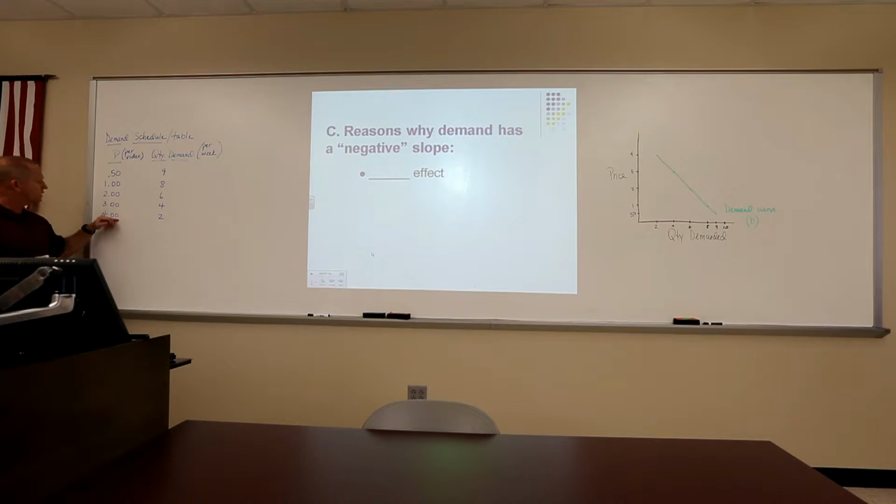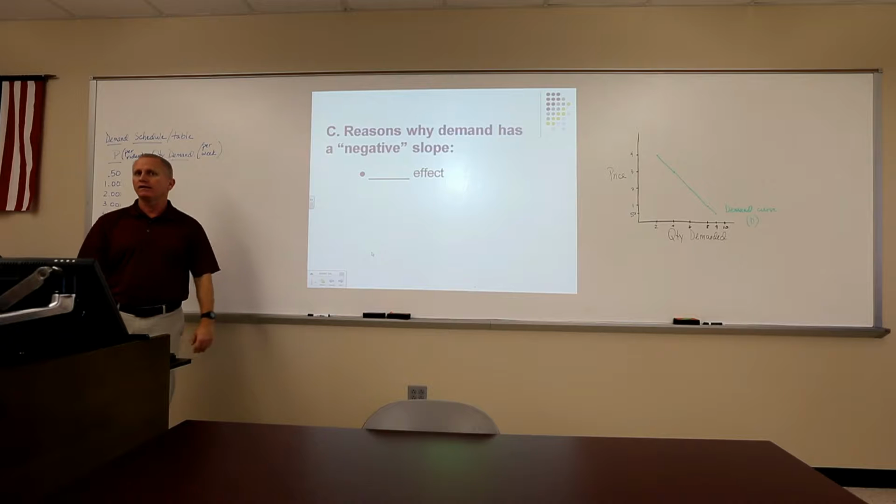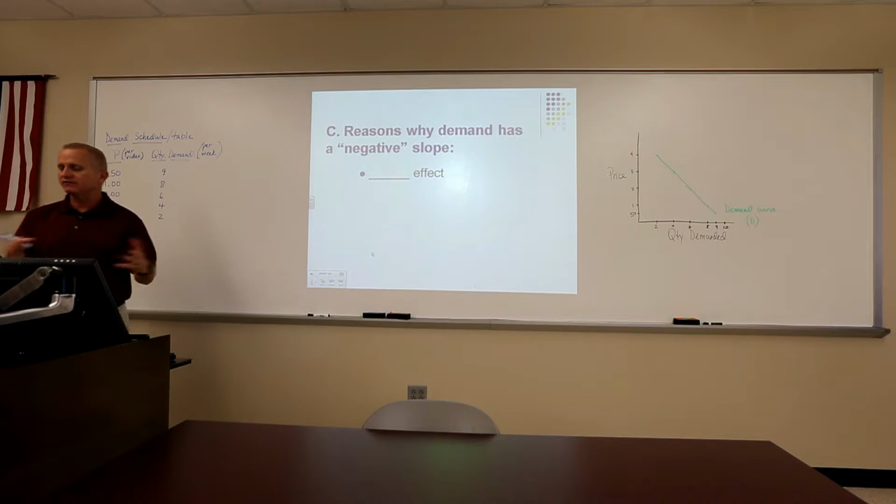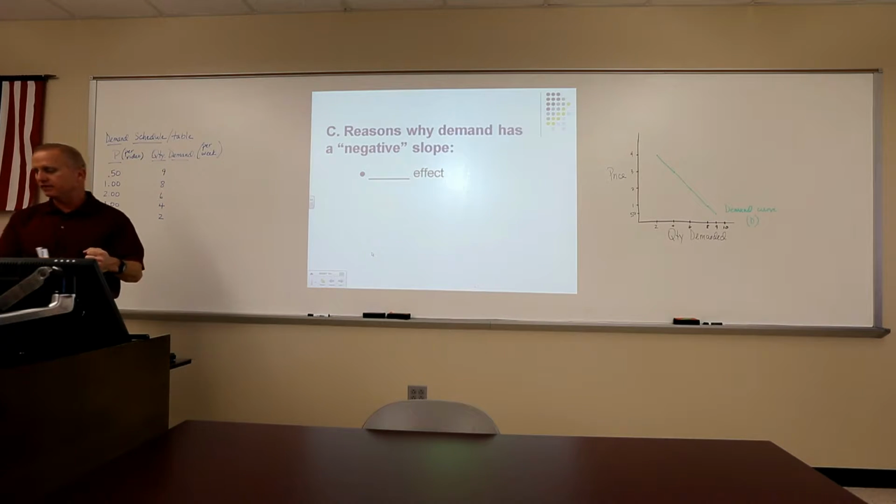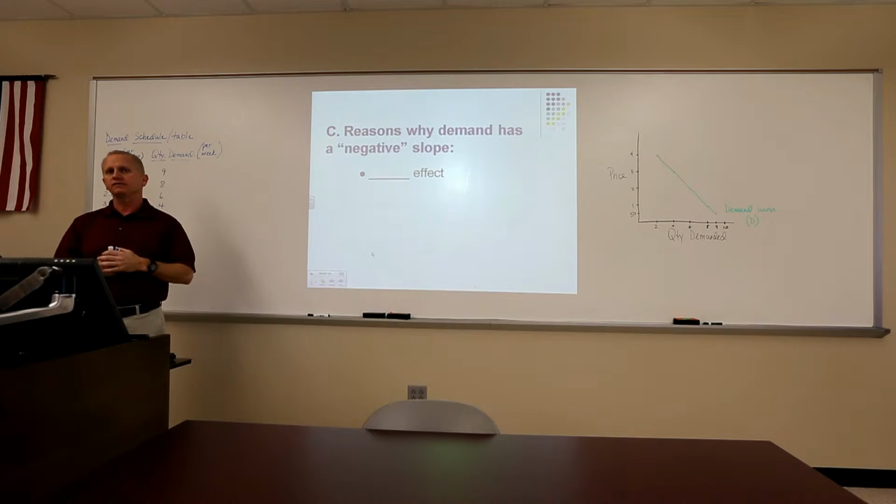So if you go from $4 to $2, you can afford to buy more with your $500 weekly income. You feel like, hey, I can get a few more. Okay. So there is a negative relationship with your income. Doesn't mean your income goes up or anything. It just means that you can afford to buy a few more.